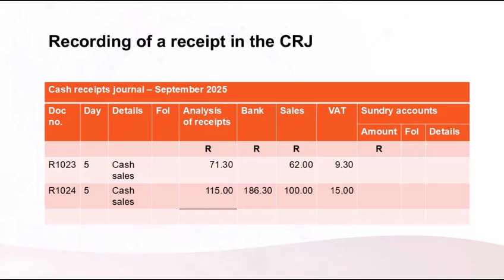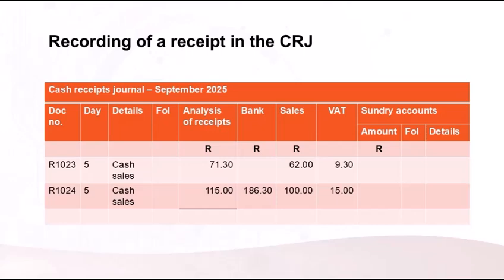The 1024 under the document number. The day will stay the 5th. It will once again be indicated as cash sales. Our analysis of receipts column will be 115 Rand, sales column 100 Rand, and the VAT column 15 Rand.